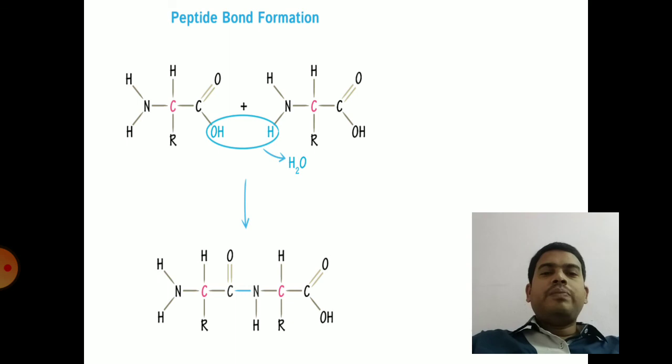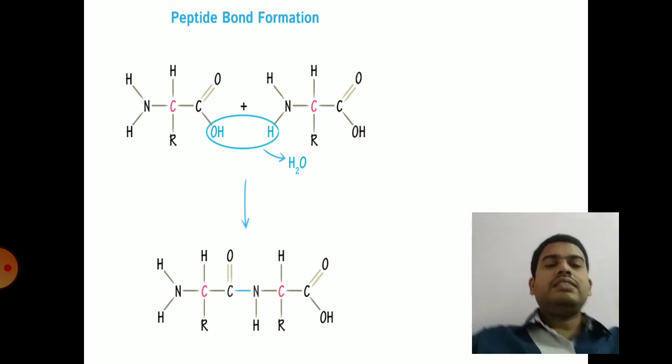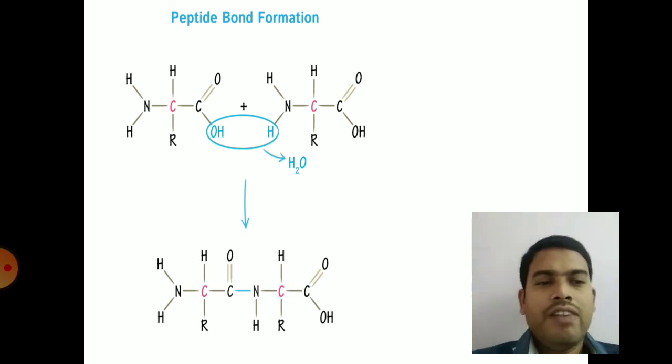So next one is peptide bond formation. So two amino acids are there. If you remove a water molecule, then a peptide bond is formed. A bond is formed between the carboxylic and amino group by removal of a water molecule. You can clearly see on the left top we have removed a water molecule. The carboxylic group donated OH group and the amino group NH2 donated hydrogen.